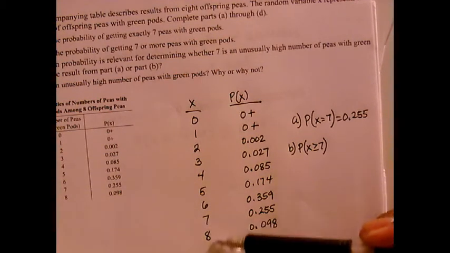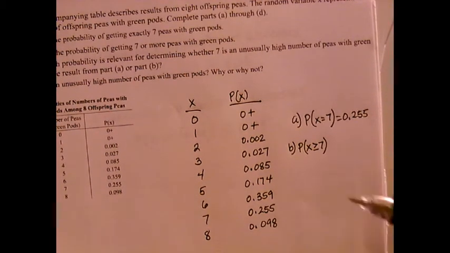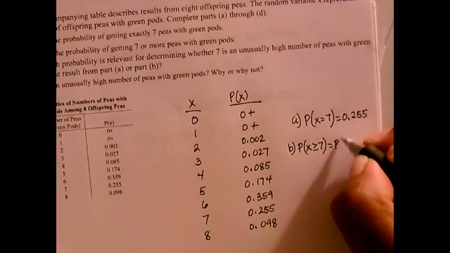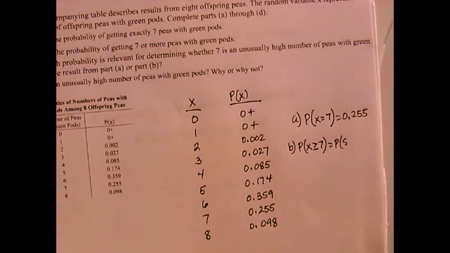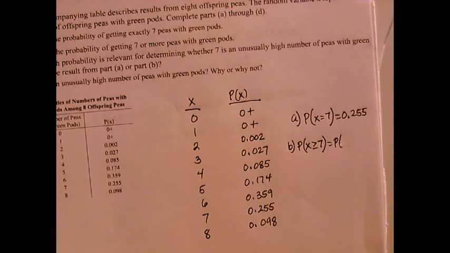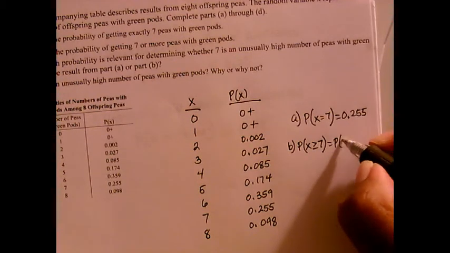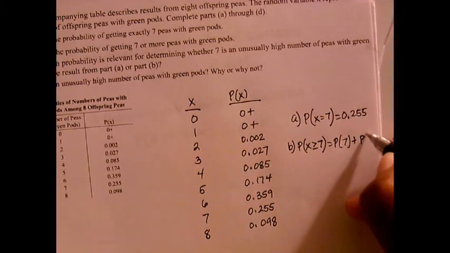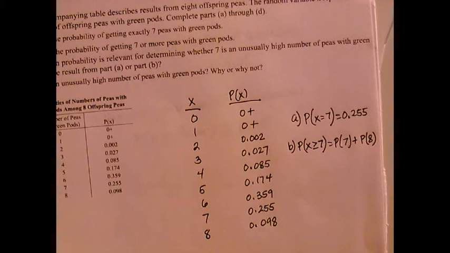So we just need to simply add the probability of getting exactly 7 plus the probability of getting exactly 8.